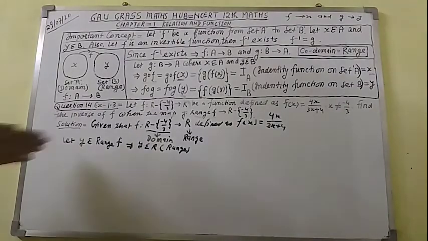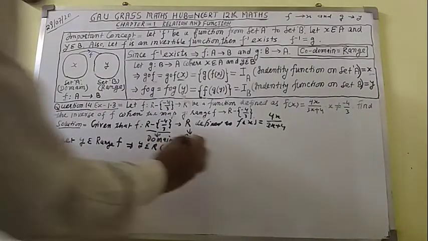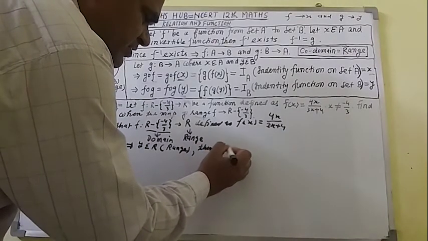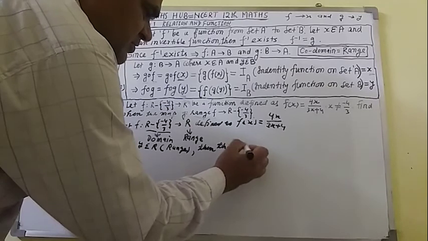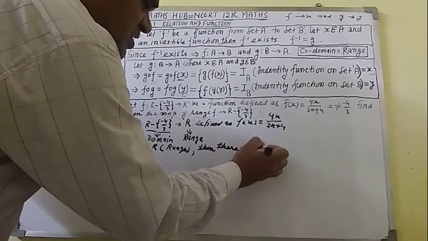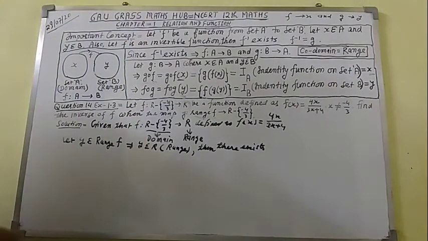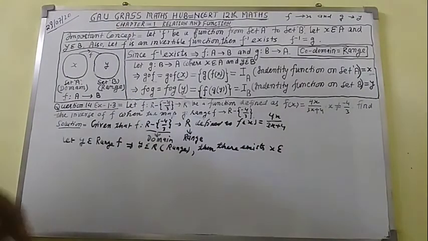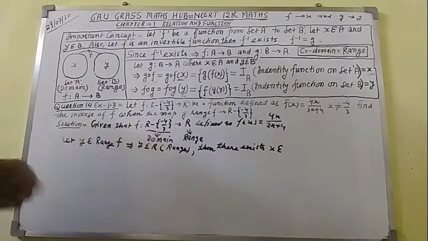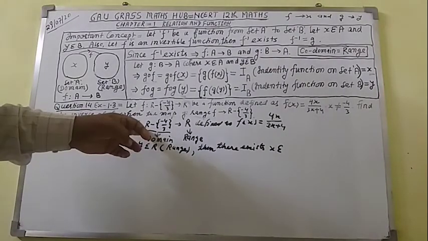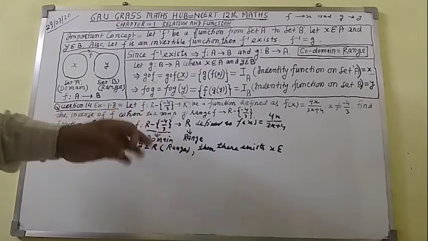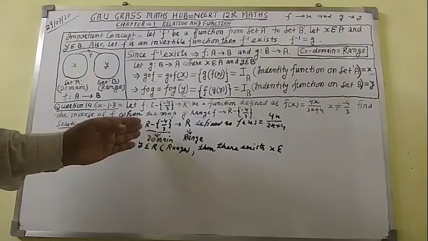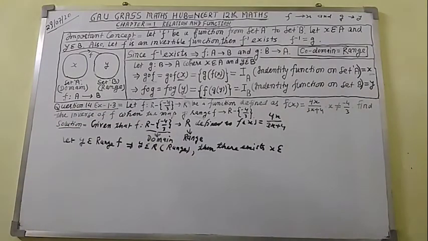What to do if this is there? Here you can write: then there exists x belonging to the domain. So find out the domain in this one. This is the domain. So x belongs to domain.